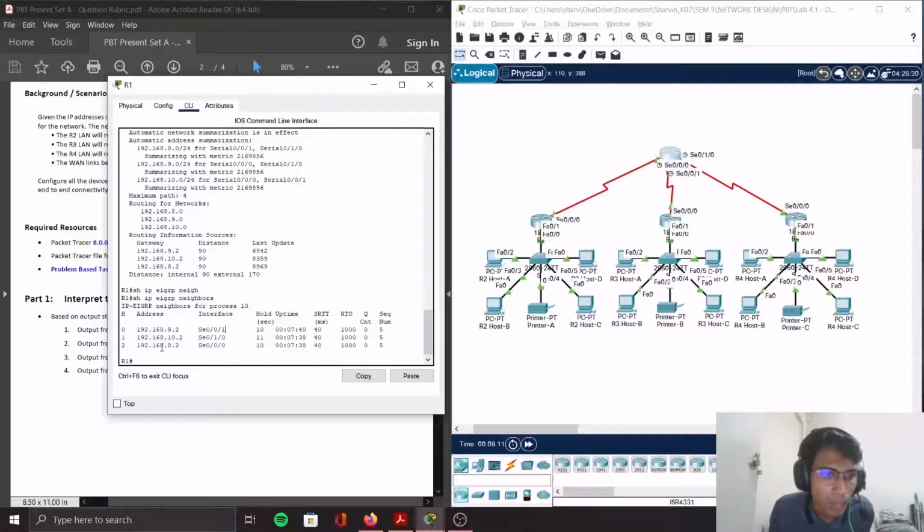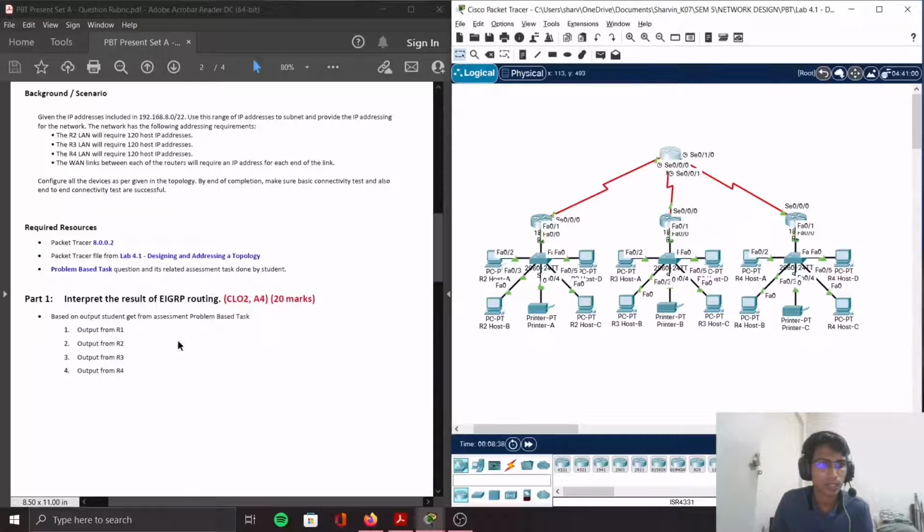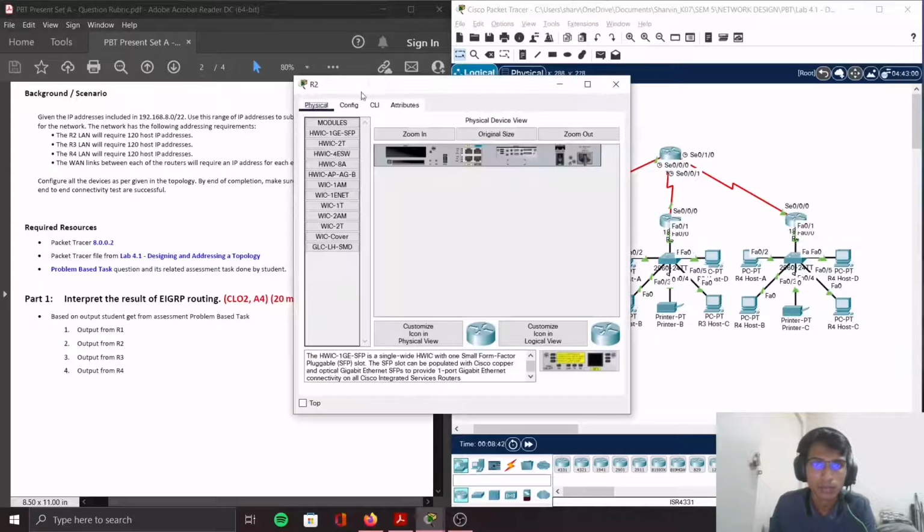The 192.168.8.0 side is coming from serial interface 0/0/0 of R1, 192.168.9.2 is coming from serial interface 0/0/1, and this gateway, 192.168.10.2, is coming from serial interface 0/1/0 of R1.